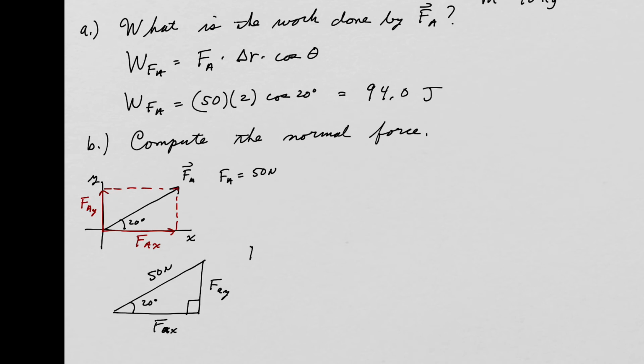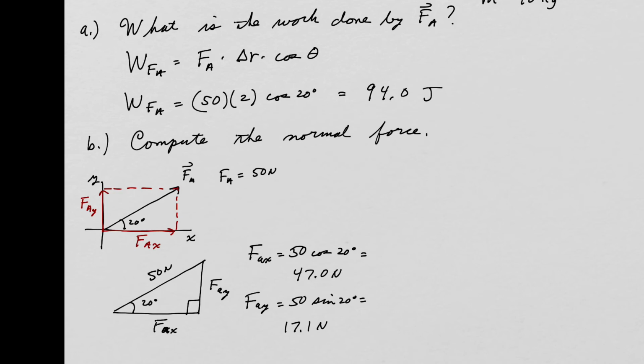So we know that Fax is going to be 50 times cosine of 20 degrees, and that is equal to about 47.0 newtons. And then Fay is going to be 50 times sine of 20 degrees, and that's equal to like 17.1 newtons. And they're both positive.